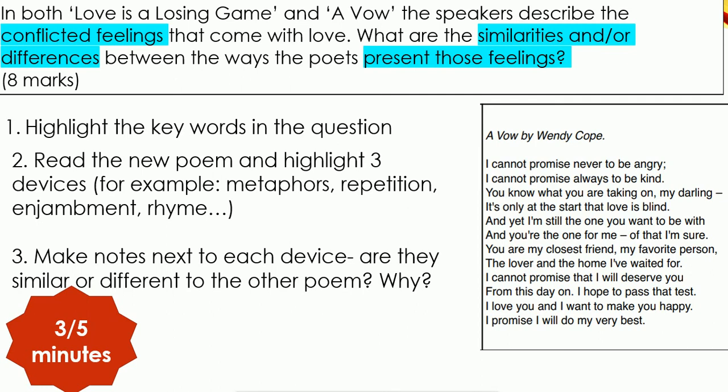So make notes next to each device against the poem. You don't have time to do a separate plan for this one. So think about which devices may be similar and which are different. You could even just put an S or a D next to each device and think about how you're going to compare it with the previous poem. So you've got 5 minutes now to read the poem, highlight those devices and think about the similarities and the differences.